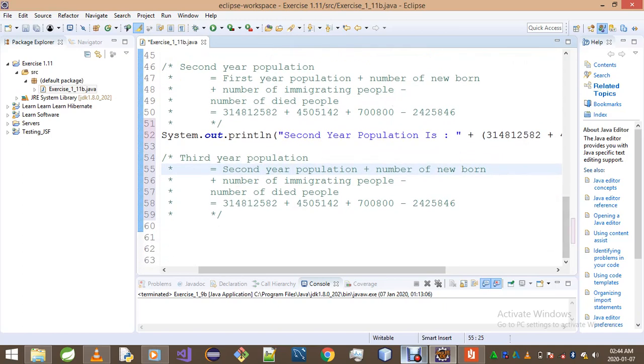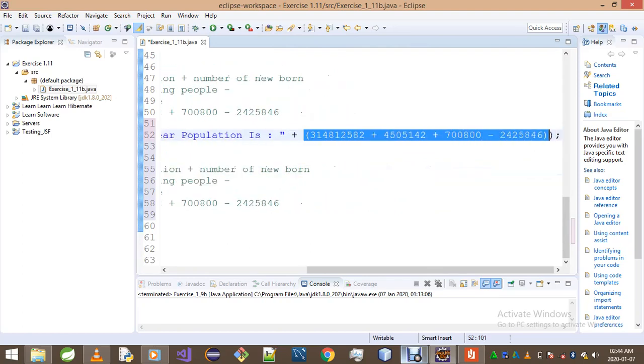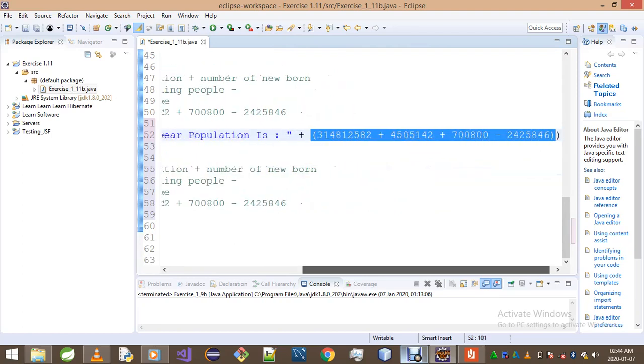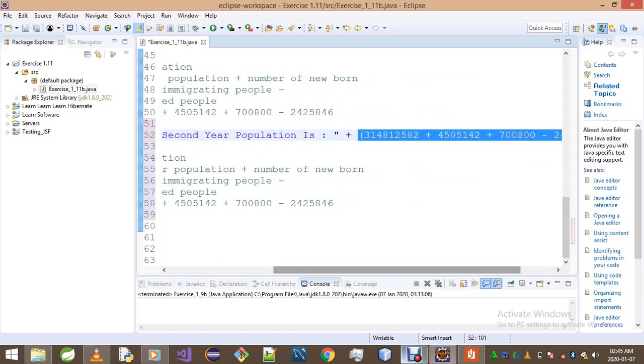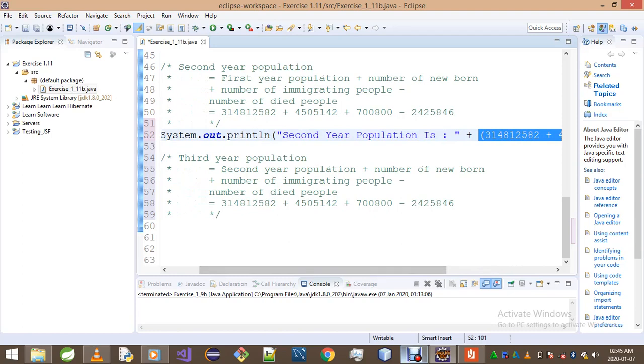By the way, this thing actually computes to 317,592,678.